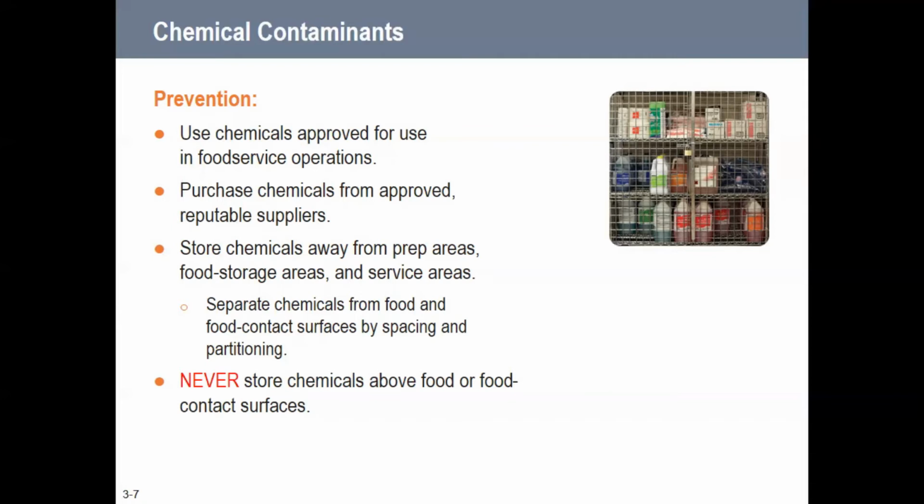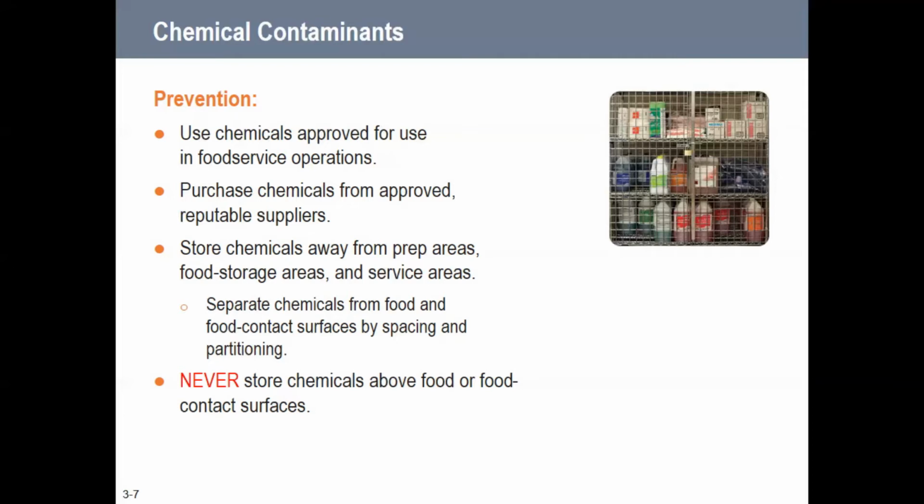Our secondary storage is downstairs in our equipment storage area, where we store excess equipment and smallwares, glassware, things like that. But it's stored on its own separate shelf, lower level, so we're not around food. So again, just to reiterate, never store chemicals above food or any food contact surfaces.